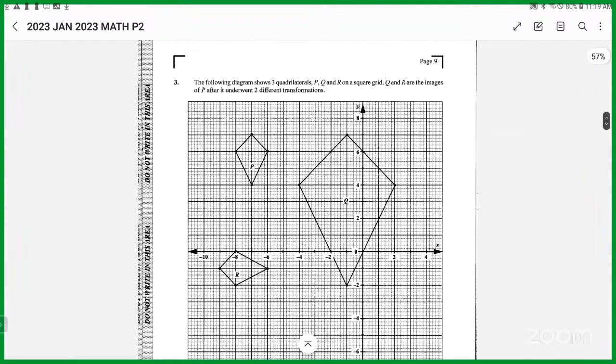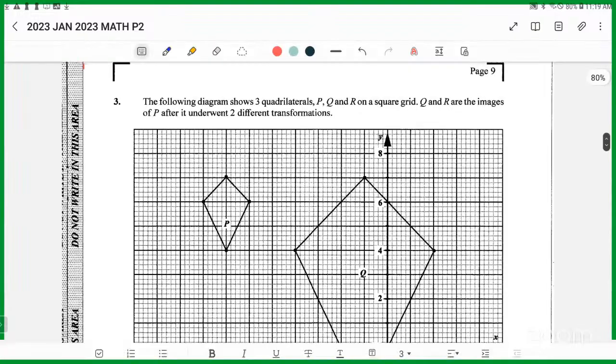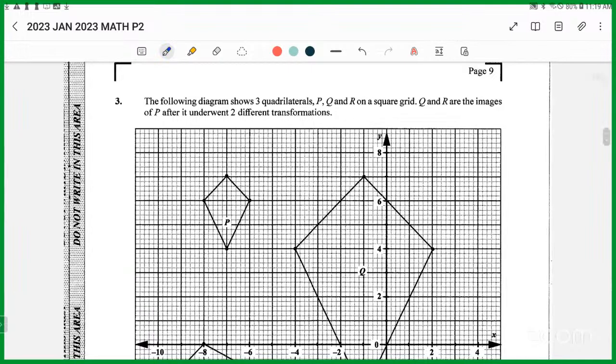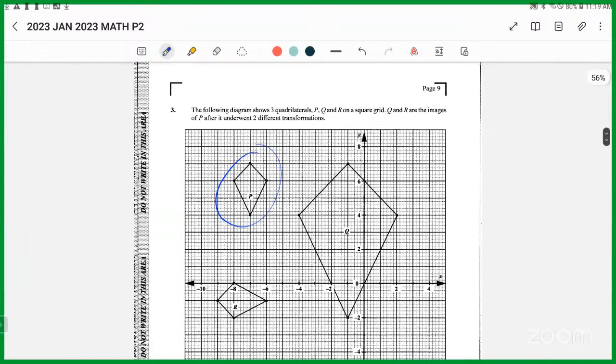It says the diagram shows three quadrilaterals P, Q, and R. This is P, this is Q, that is R. All right? And it says Q and R are images of P after two different transformations.